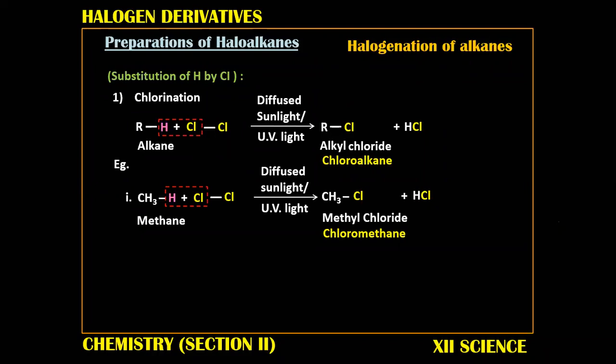Now here you have to write a note that the reaction does not stop at the first step. Methyl chloride further gets chlorinated. I'll repeat. After the reaction, write down a note: the reaction does not stop at the first step.